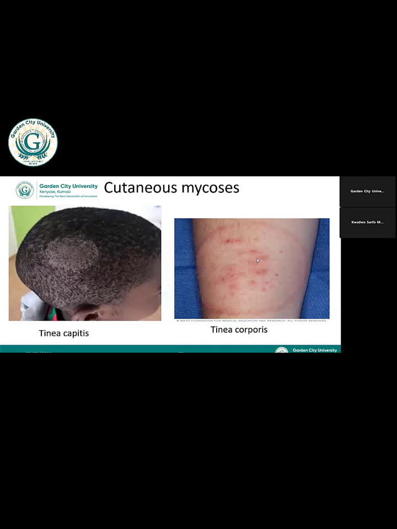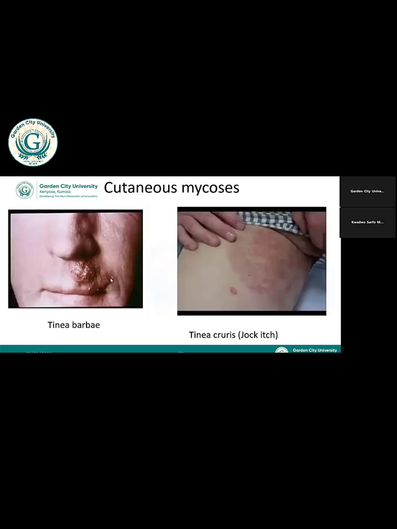Then on the body, it can be on the hand, on the thigh, on the leg, on the trunk, and this is tinea corporis. Then you can have it on the beard, around the mouth, tinea barbae. Then you can have it at the groin, between the trunk and the lower part of the body, tinea cruris or jock itch.